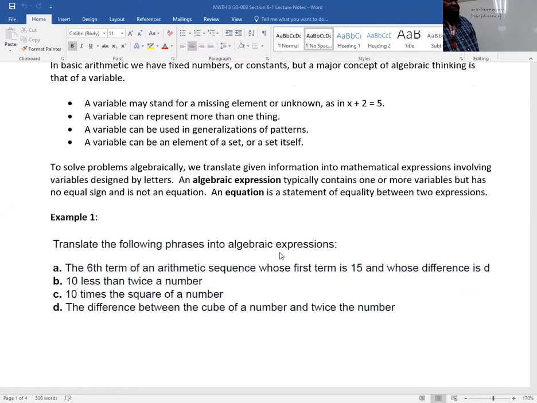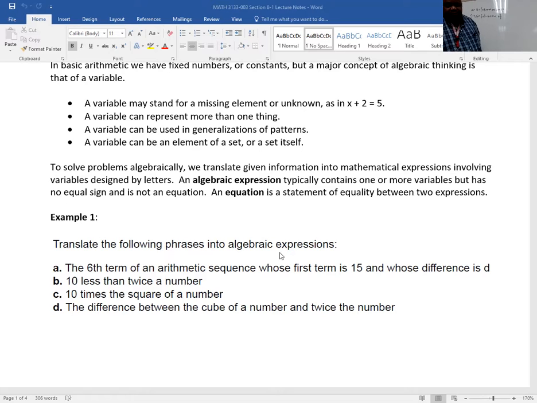Now, an algebraic expression is nothing but an expression containing one or more variables with no equal sign, and it is not an equation. Because if it did have an equal sign in it, then you would have something called an equation. That's a statement of equality between two expressions, saying that one expression has to be equal to the other expression.